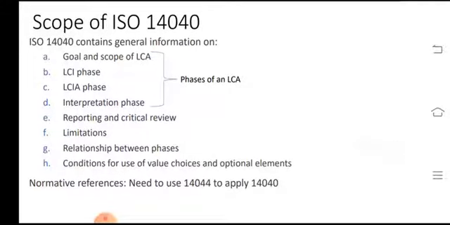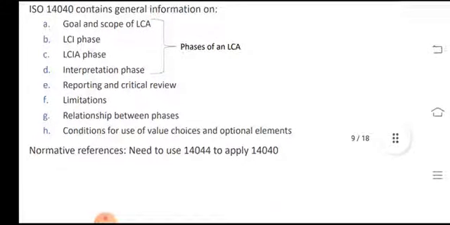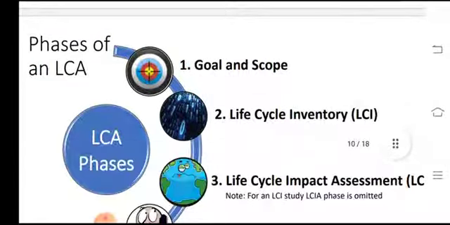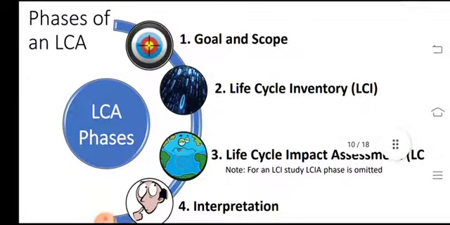There are different phases of LCA. Please go through it. This is the phases of LCA. So goal and scope, we talked about it. We first of all need to define the goal and scope for which we are going to conduct this LCA for any product. Based on that, we will move forward, and then we will know the depth up to which we will be obtaining the data, and then how much accurate the data is.